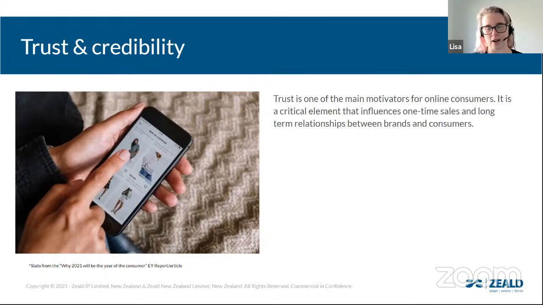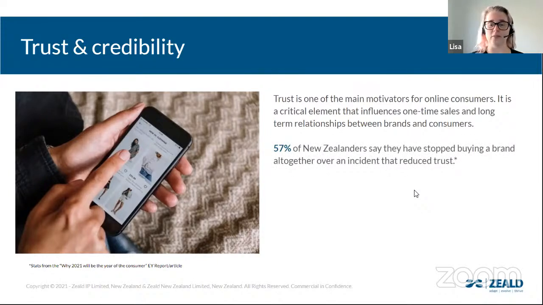It is a critical element that influences one-time sales and long-term relationships between a brand and consumers. 57% of New Zealanders say they have stopped buying a brand altogether over an incident that reduced trust. 57%, that is a massive amount of people in New Zealand, so this isn't global, this is New Zealand, have chosen to stop due to an incident that's reduced trust. And then 44% have told friends and family not to use a product.